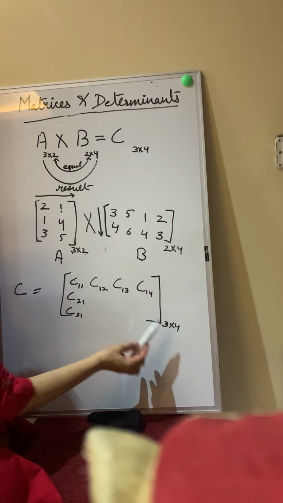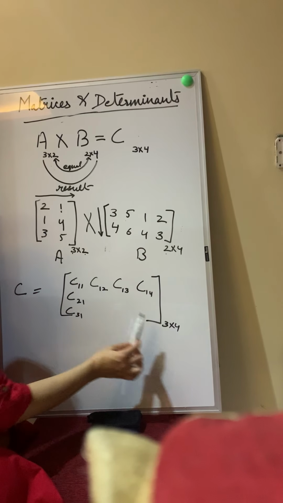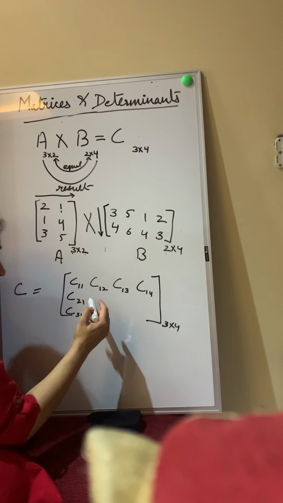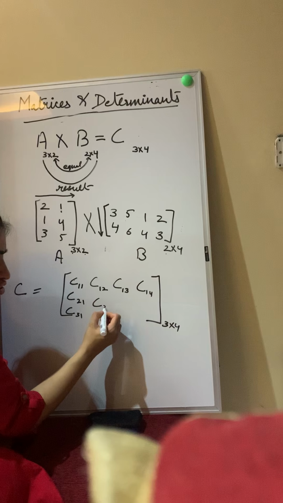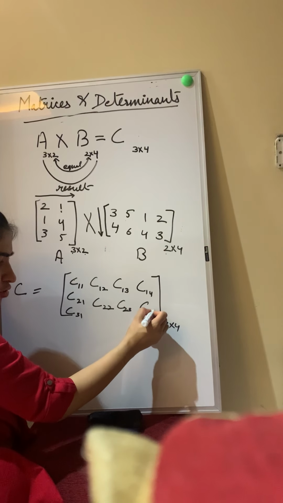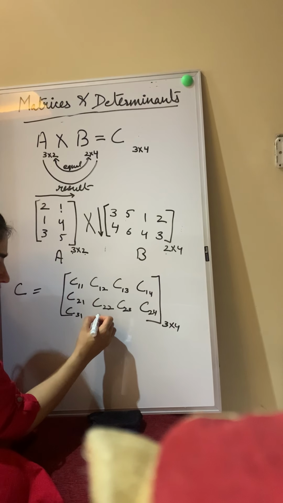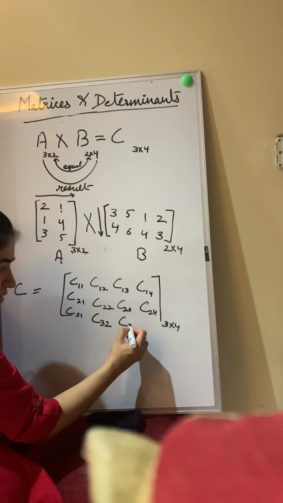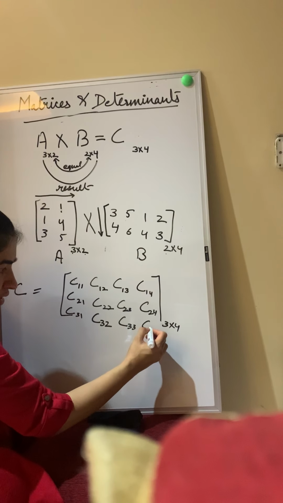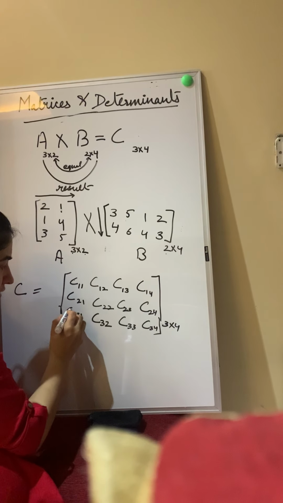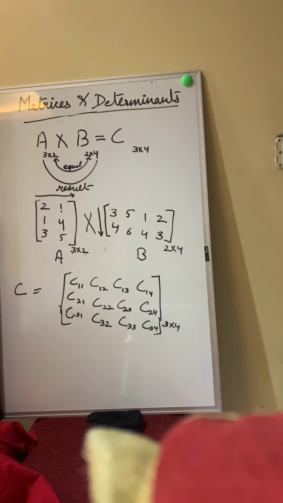So I am taking 3 rows and 4 columns. This is C22, C23, C24, C32, C33, and C34. This is our resulting matrix, the C.